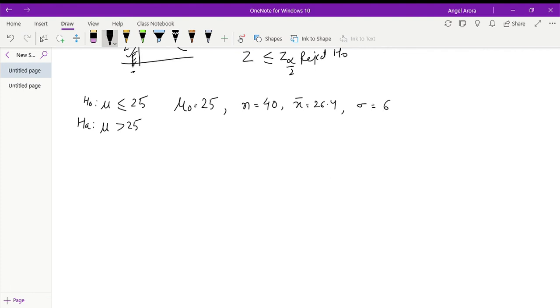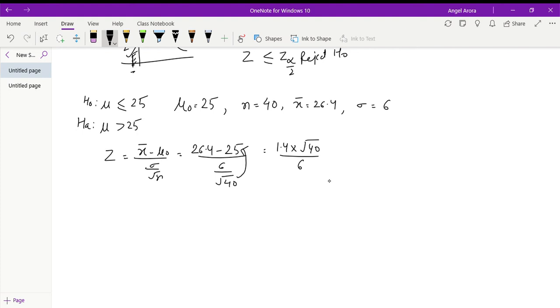So now the first step is to calculate the value of the test statistic, that is z. The formula is this. So 26.4 minus 25 upon the standard deviation 6 upon root 40. So it will be 1.4 into root 40, because this value will be taken to the upper part of the fraction, and divided by 6.